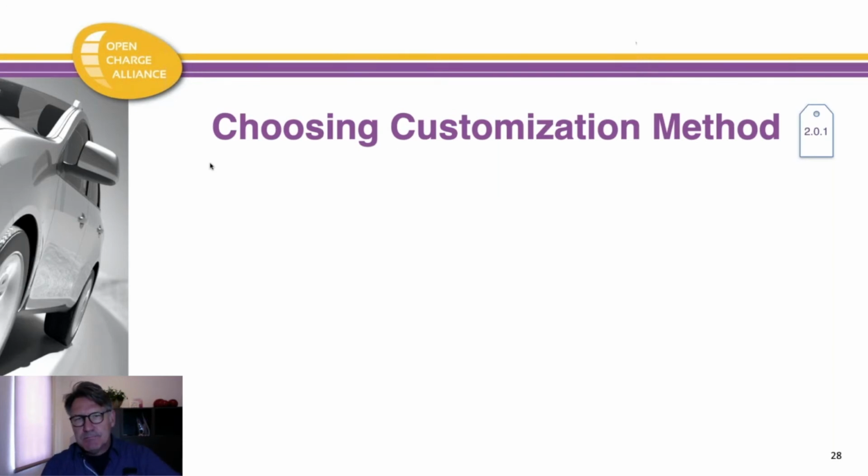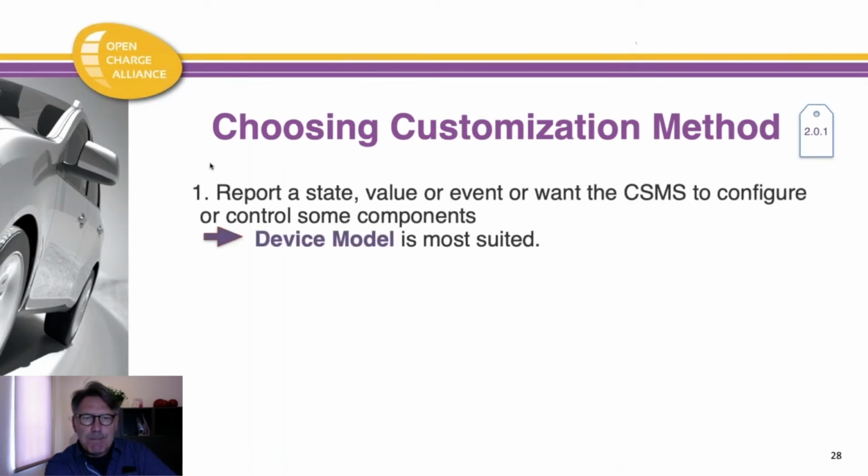Now, how should you choose a certain customization? I have a few rules that might be useful for that. So if you have a situation where you want to report a state or a value or an event, or want the CSMS to configure or control some components, then the device model is most suited.